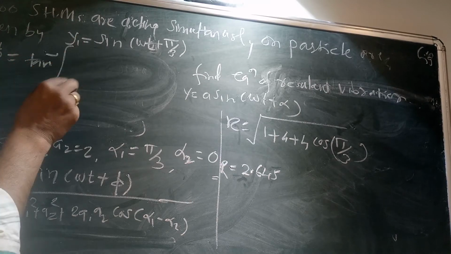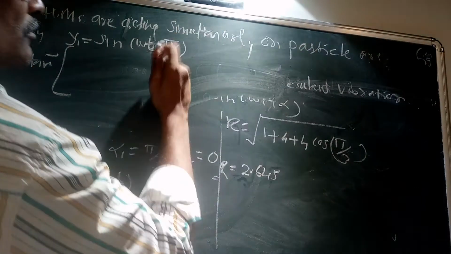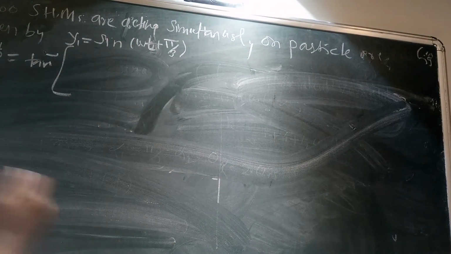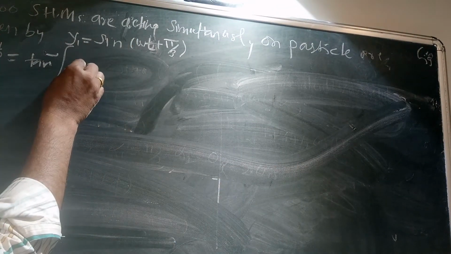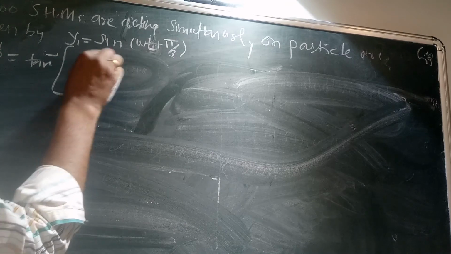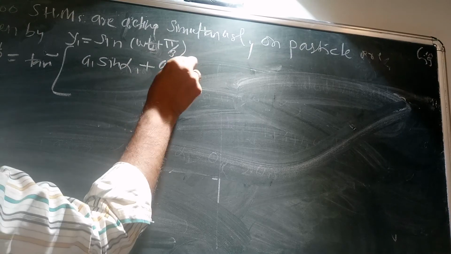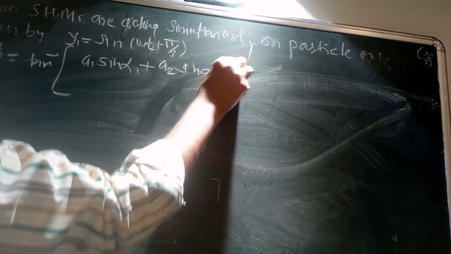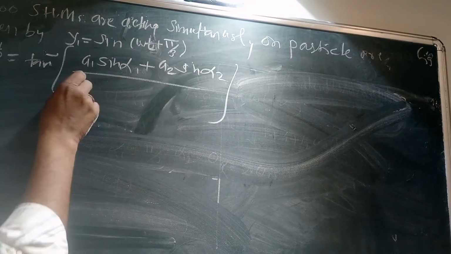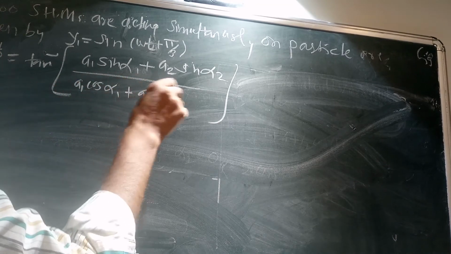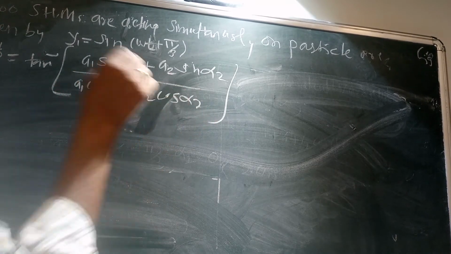This is also the formula we have derived: tan inverse of a1 sin alpha 1 plus a2 sin alpha 2, divided by a1 cos alpha 1 plus a2 cos alpha 2.